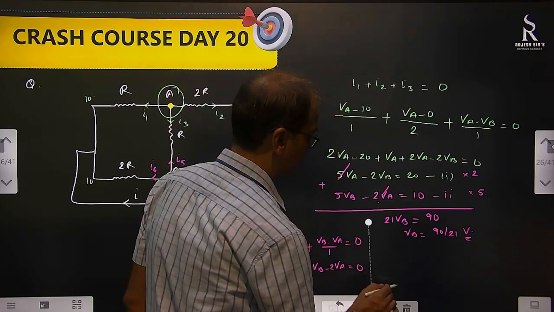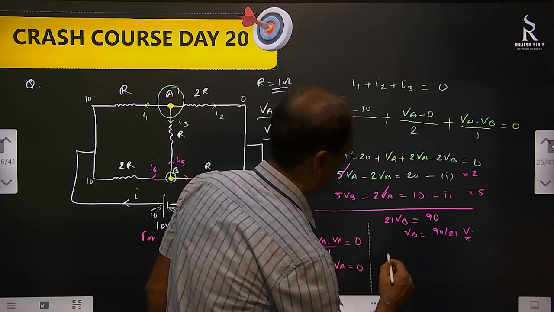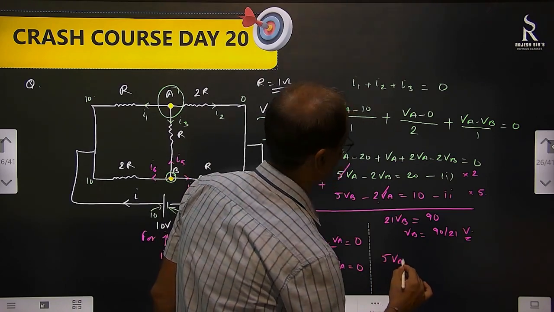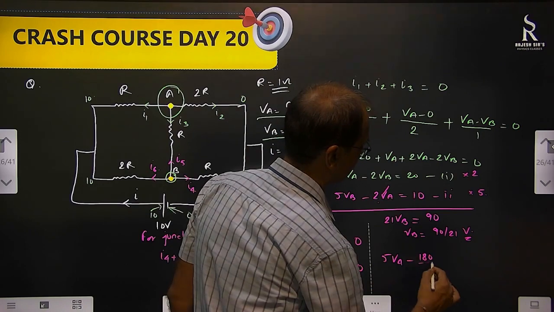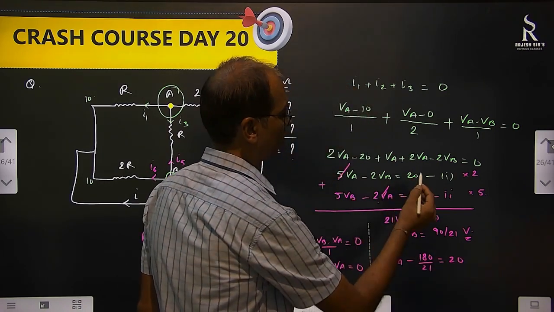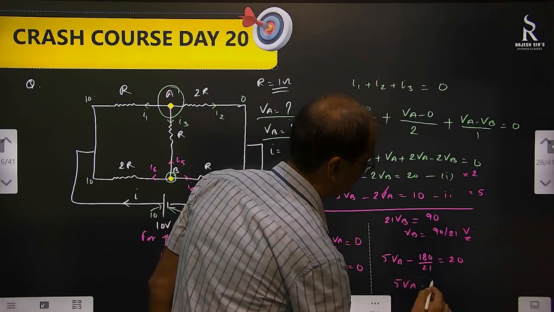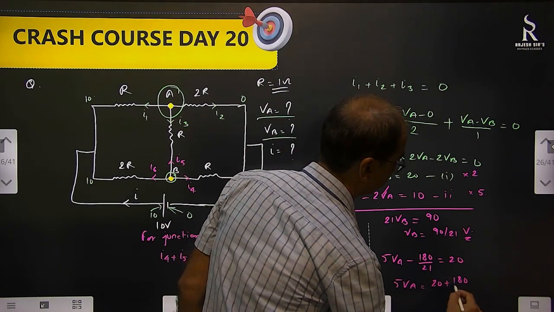So 5 VA minus 2 VB, 2 VB means minus 180 by 21, equal to 20. 5 VA minus 2 VB equal to 20. That goes that side. So 5 VA equal to 20 plus 180 by 21.